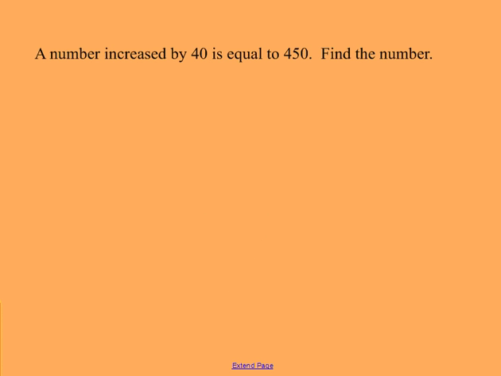Here's our second example. A number increased by 40 is equal to 450. Find the number. So let's break it down. A number increased by 40, well, that's going to translate into x plus 40.